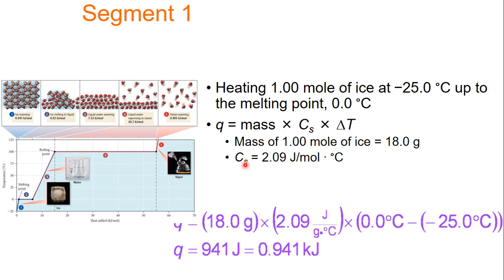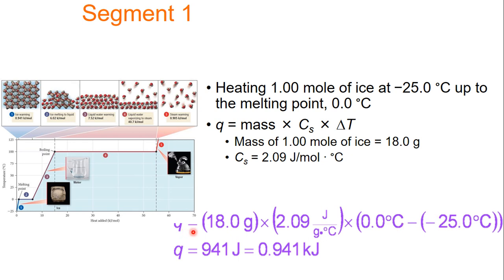And the heat capacity of ice is a given, so you'll always be given Cs or the tools to find it. The mass of 1 mole of water, you should be able to do that in Gen Chem 2. And our delta T is simply 25. So delta T is always final minus initial, so 0 minus negative 25.